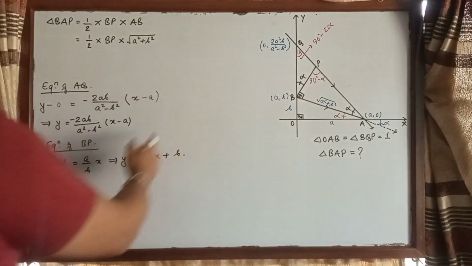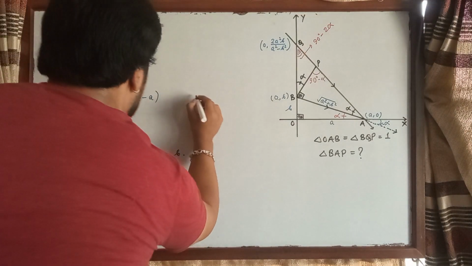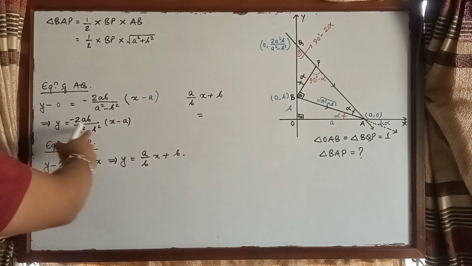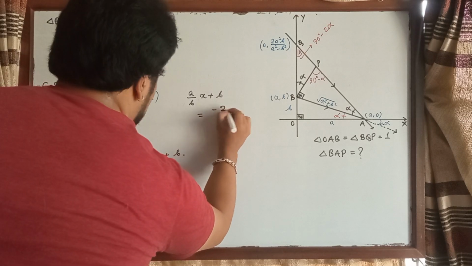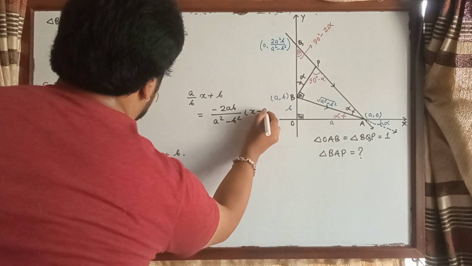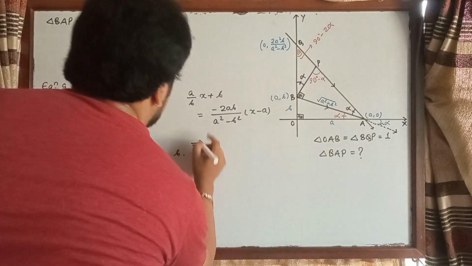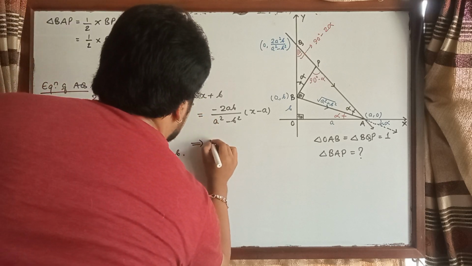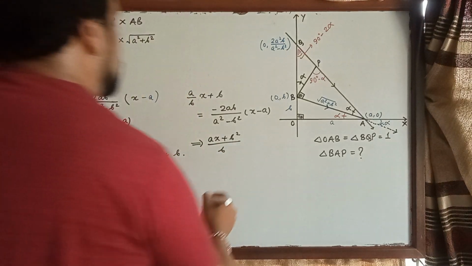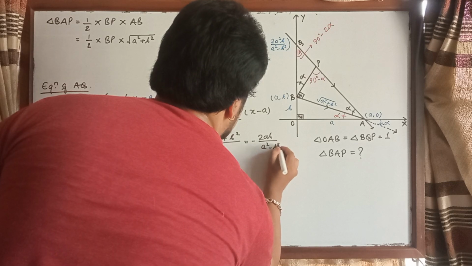We equate the right hand sides to obtain: (ax plus b squared) over b equals minus twice ab over a squared minus b squared, times x minus a.